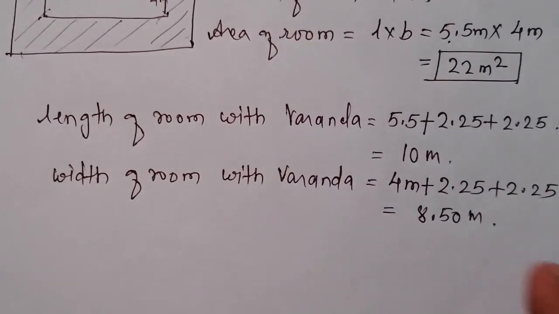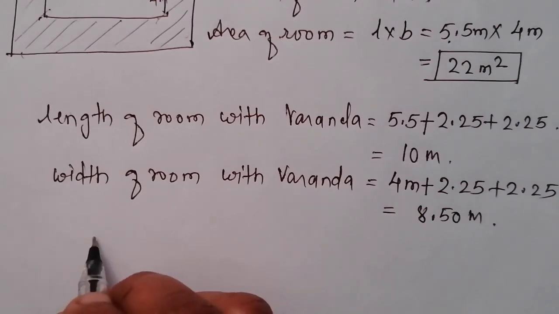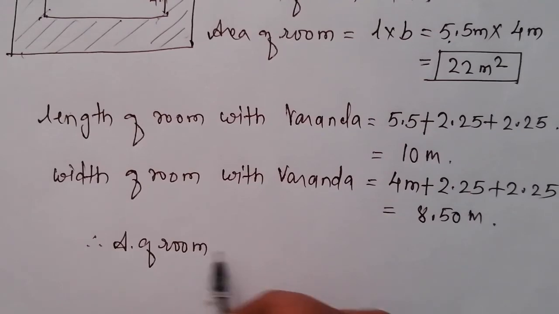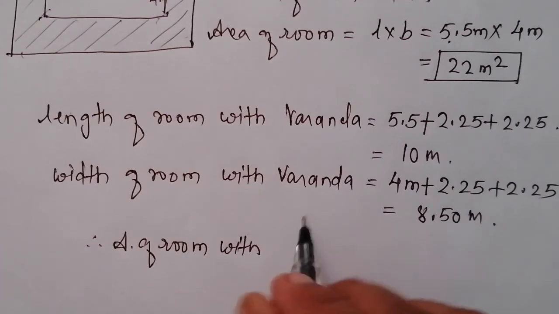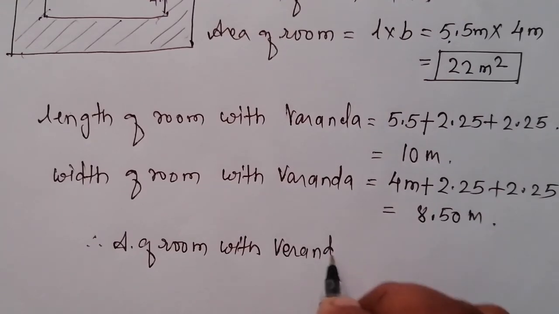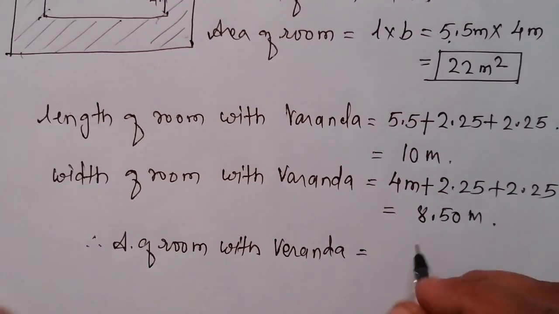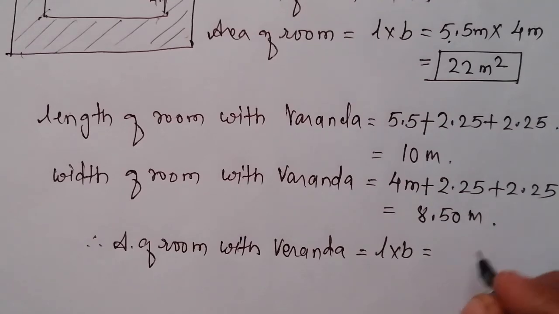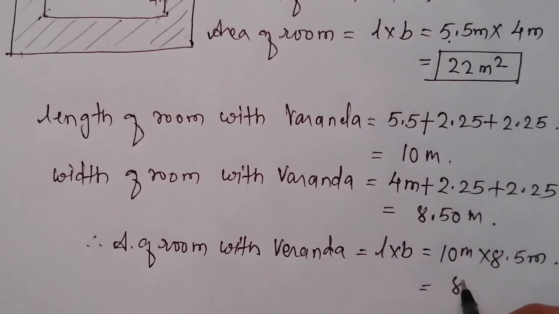Now therefore the area of the room with veranda is equal to L multiplied by B is equal to 10 meter multiplied by 8.5 meter is equal to 85 meter square.